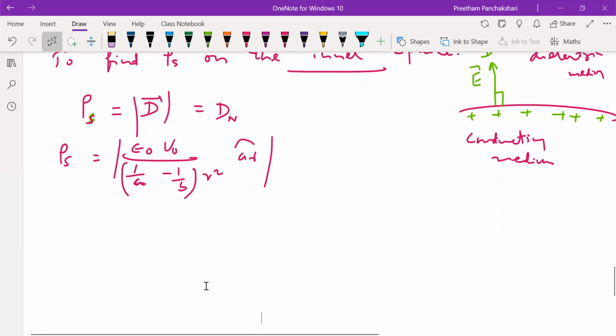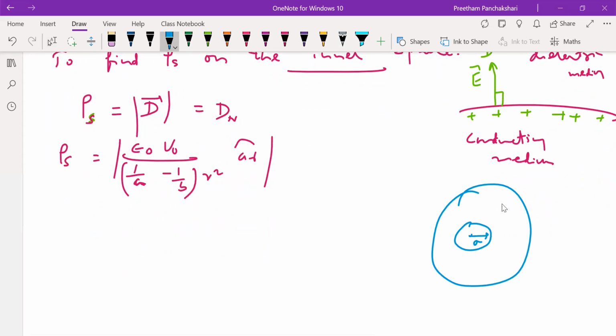But as we did in the last derivation also, the surface charge exists only on the inner sphere. The radius of the inner sphere is A, outer sphere is B. Between A and B, surface charge is zero.